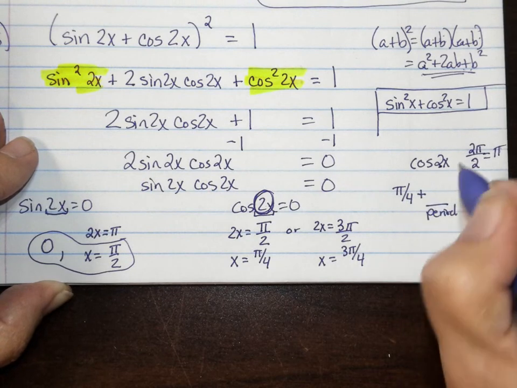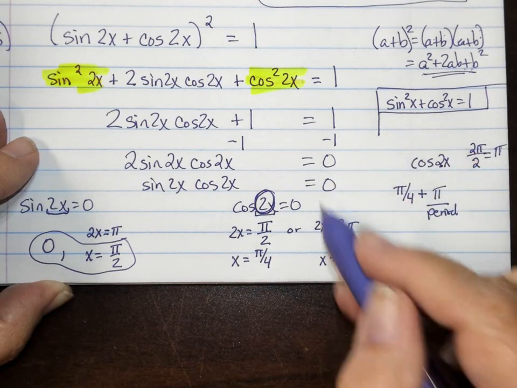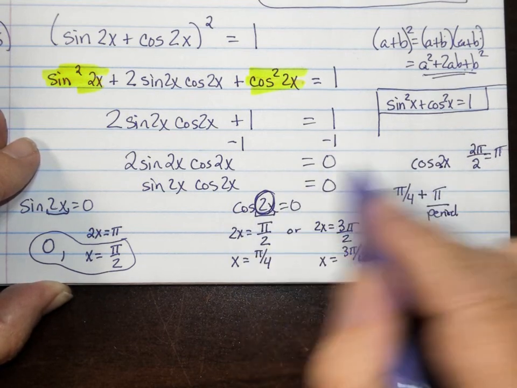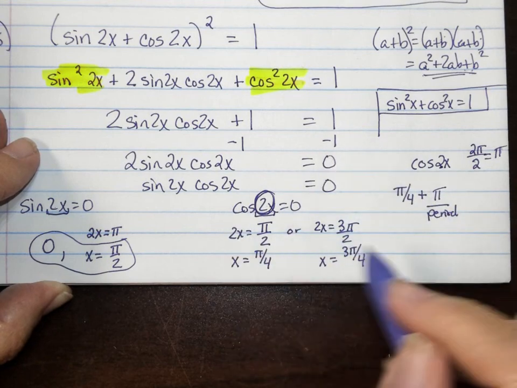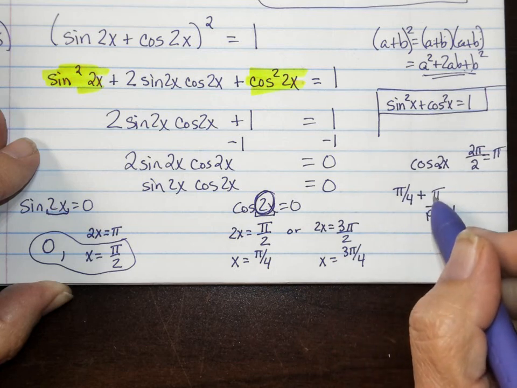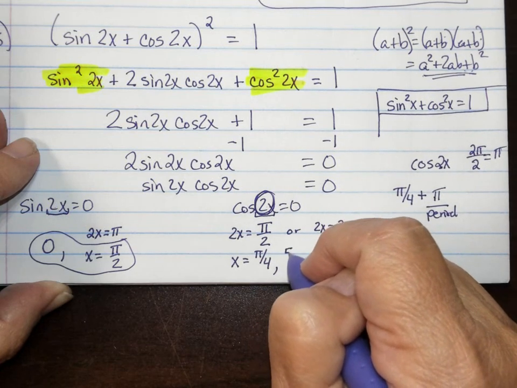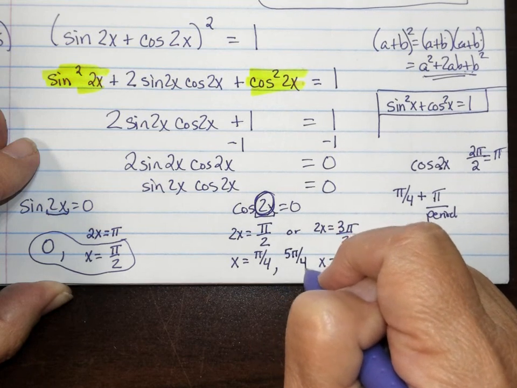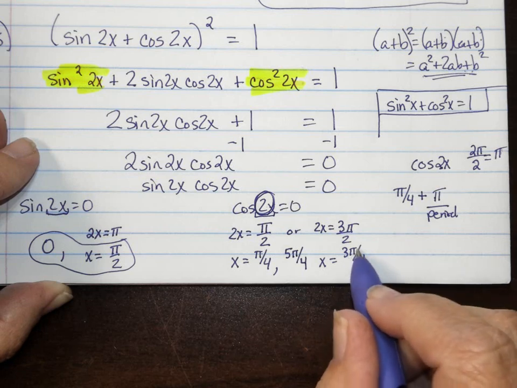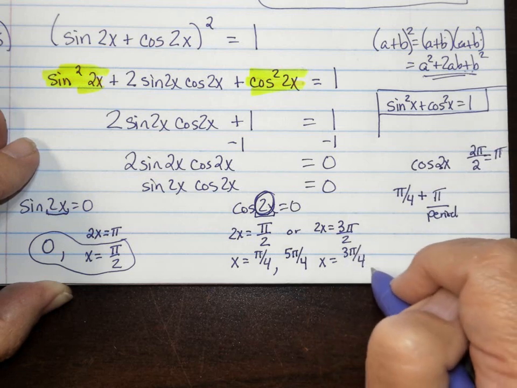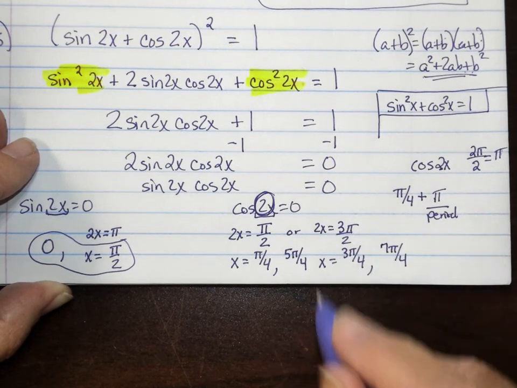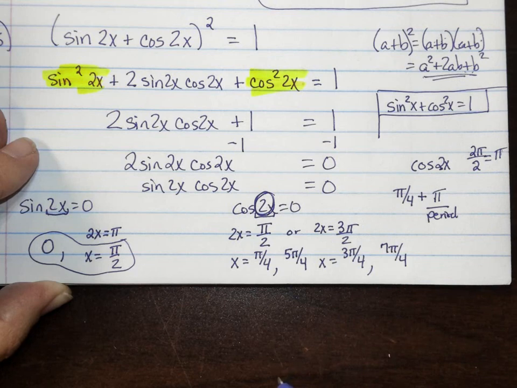So if I have pi over 4 and I add pi, am I still within 0 to 2 pi? Right? Because I'm not looking for all the answers on the whole domain, but I'm looking for all the answers on one revolution of the unit circle. So pi over 4 plus pi, isn't that 5 pi over 4? And that is still in my interval 0 to 2 pi. And then if I have 3 pi over 4 and I add another pi, I'd be at 7 pi over 4. And I'm still in one revolution of my unit circle.